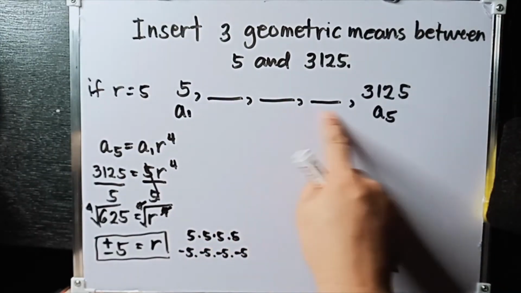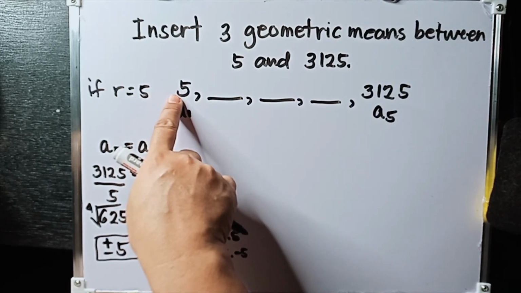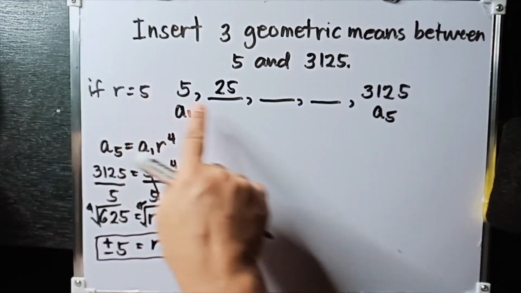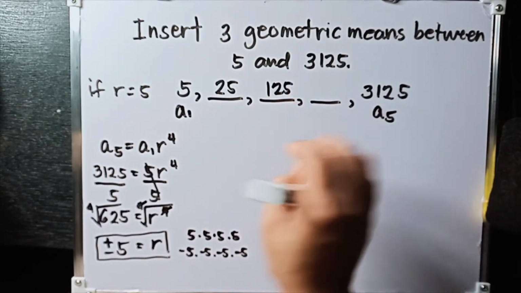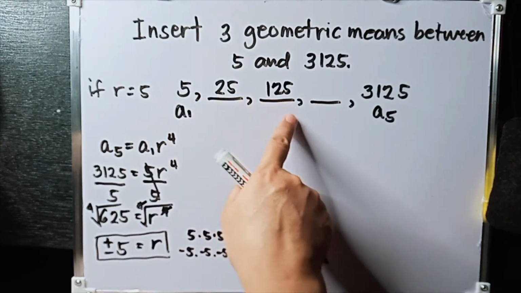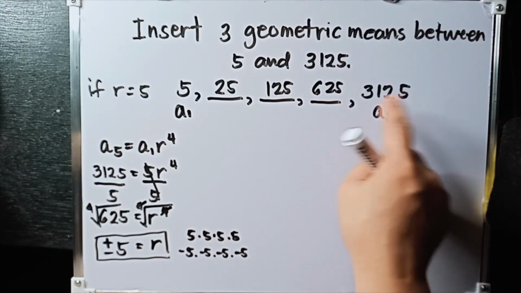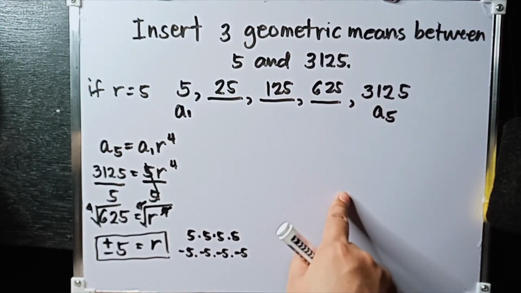What would be the geometric means? 5 times 5 here would result to positive 25. 5 times 25 would result to 125. 5 times 125 is 625. And of course, to check, 625 times 5 is 3,125.